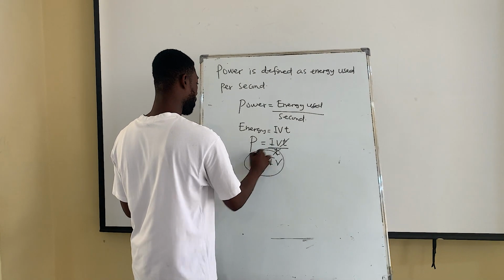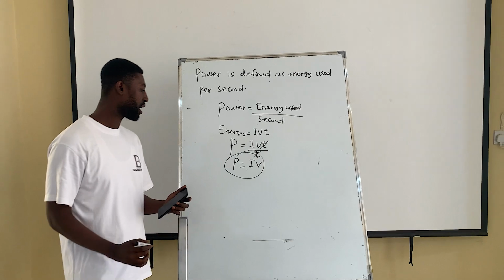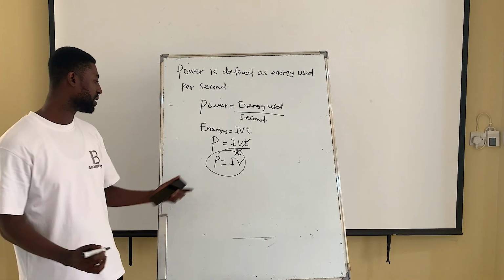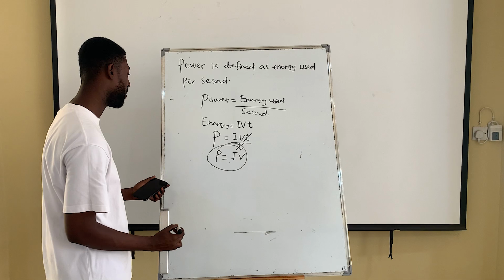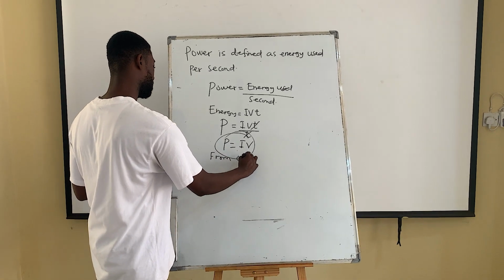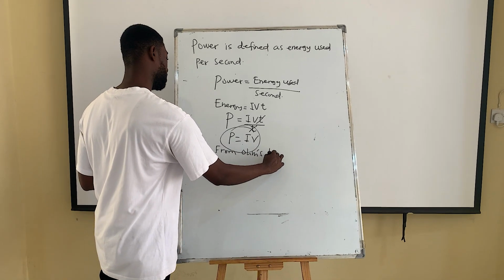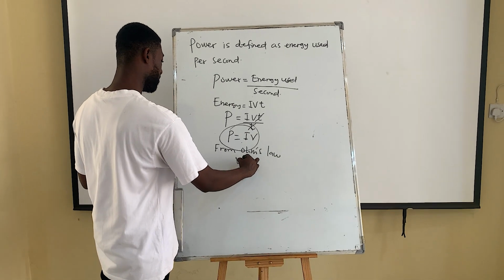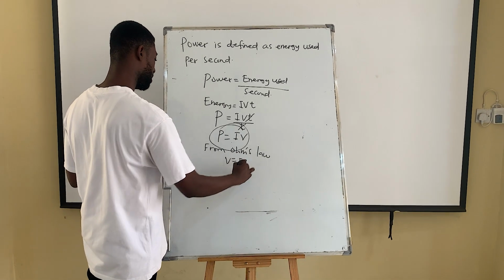So in a circuit or whenever you want to calculate power, just multiply current times what? Your voltage, and it will be equal to what? Power. Then from Ohm's law again, we said V is equal to IR.